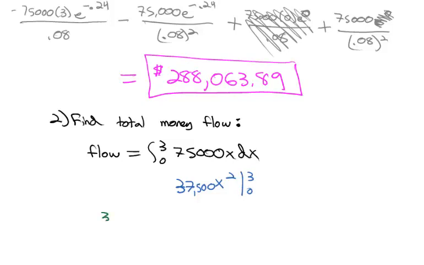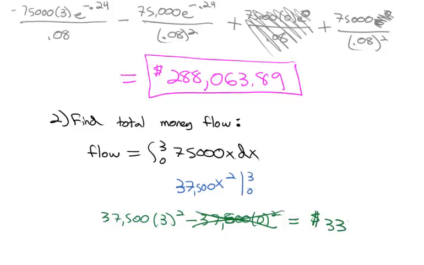Plug 3 in, and we get 37,500 times 3 squared minus 37,500 times 0 squared, which is nice because multiplying by 0 makes 0, equals the actual money flow, $337,500.